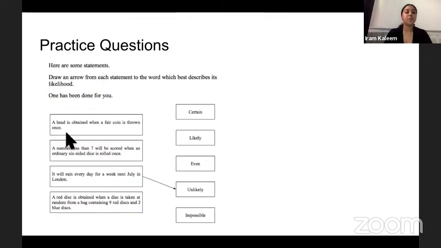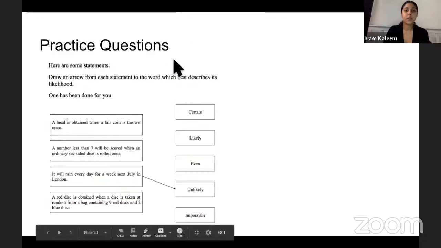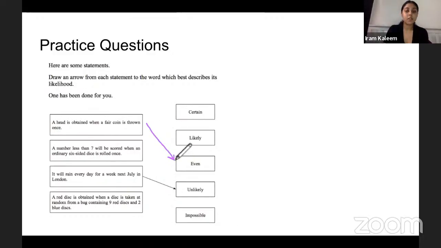Okay, so the probability that a head is obtained when a fair coin is thrown once. Well, we know that with heads and tails, there's always a 50-50 chance. So we say that there's an even chance when it comes to landing on a head.